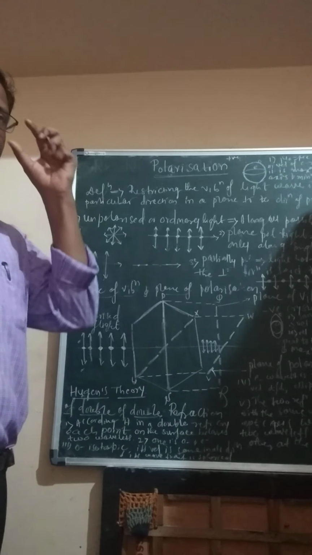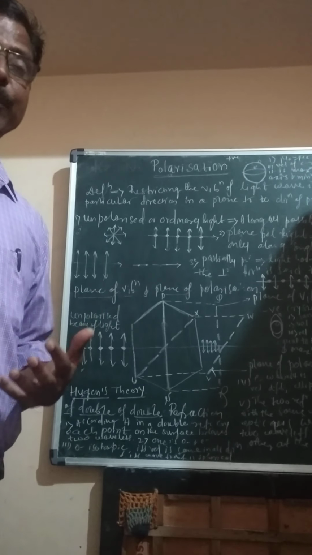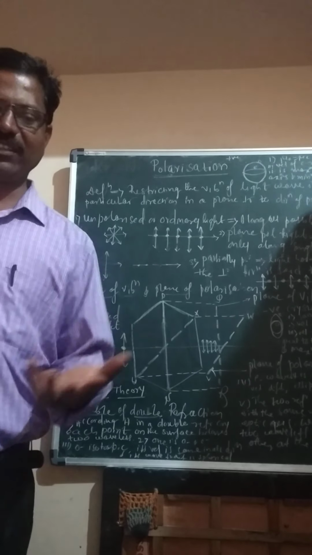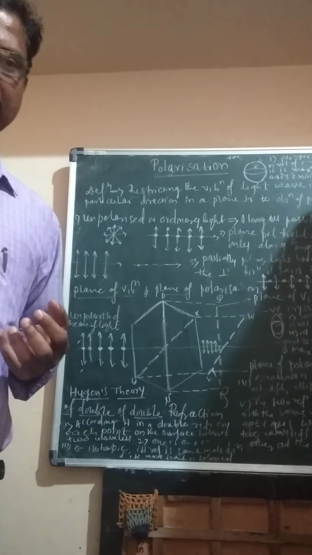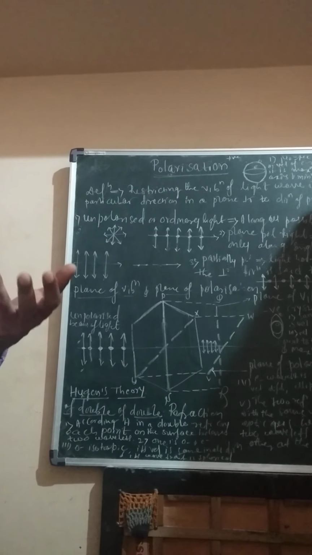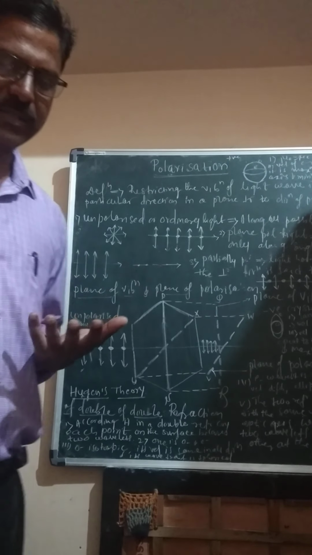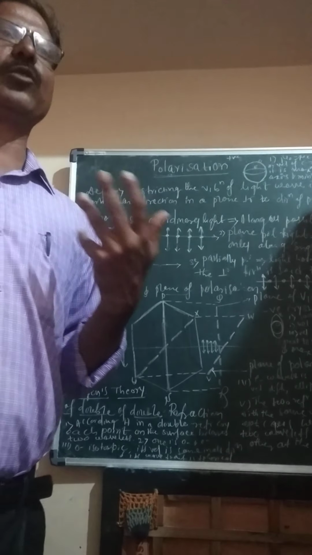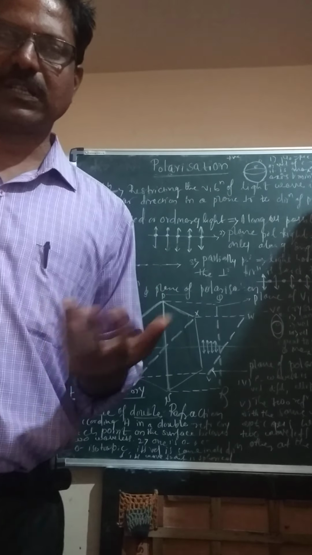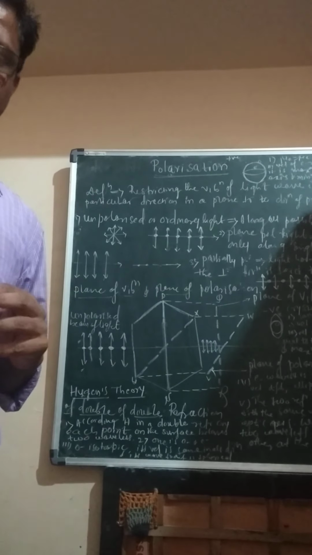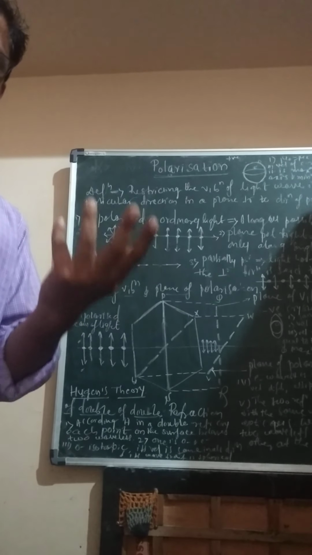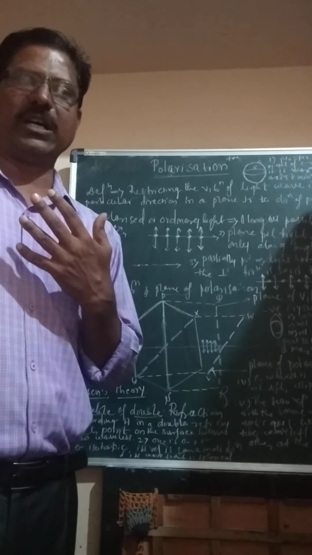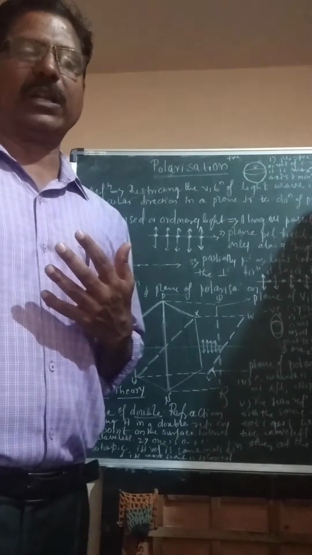Before that, one more thing: how to produce polarization. Polarization can be produced by different methods: polarization by reflection, refraction, or double refraction, and polarization by selective absorption, which is also called dichroism. Polarization is also obtained by scattering of light. These are a few methods used to produce polarization.